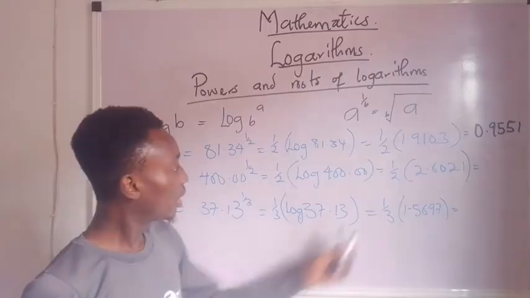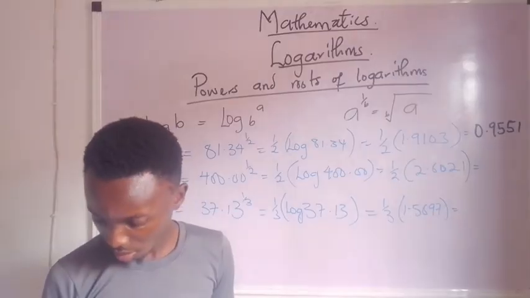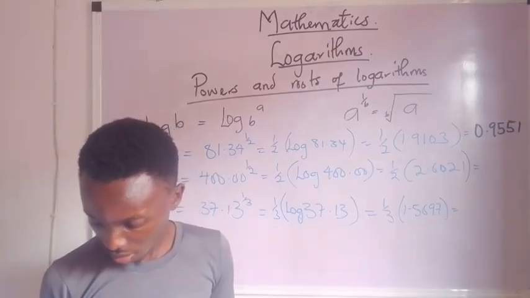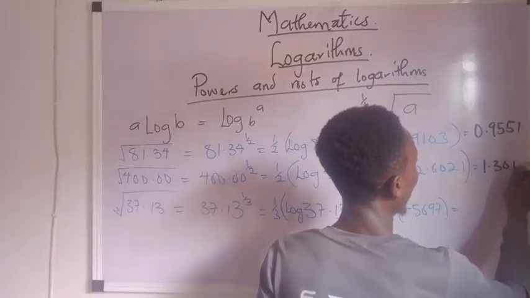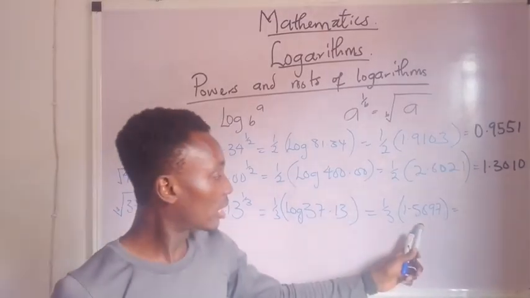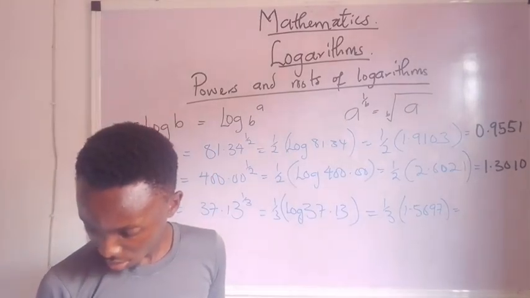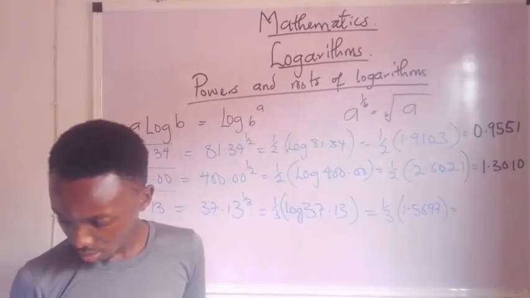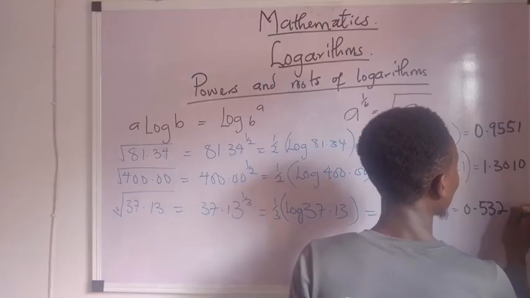Now, multiplying this by 0.5 will give us 1.3010, and the last one, multiplying this by 1/3, gives us 0.5323.